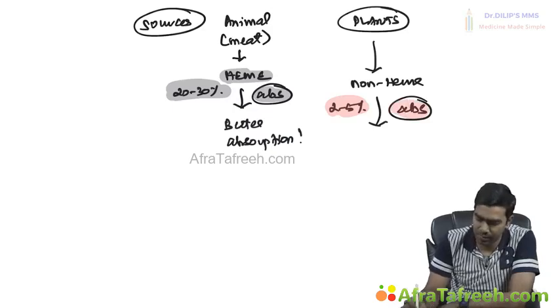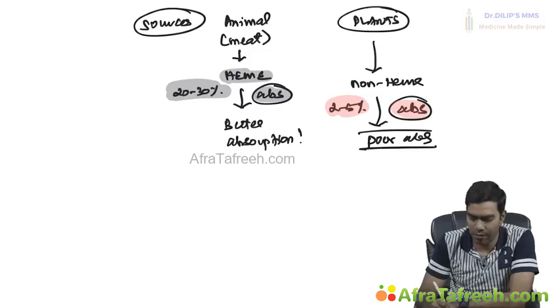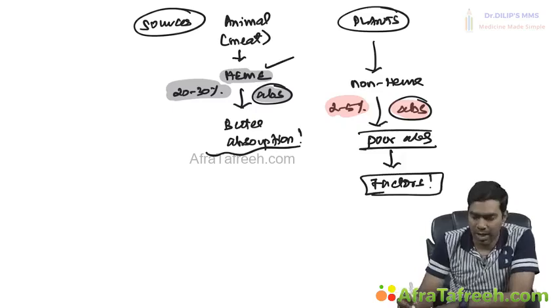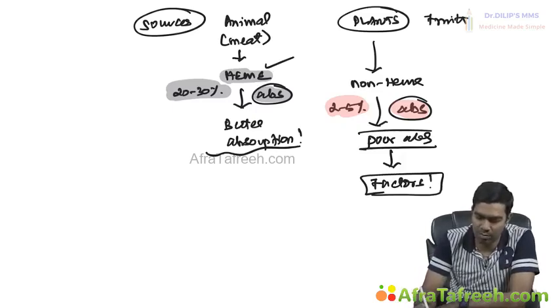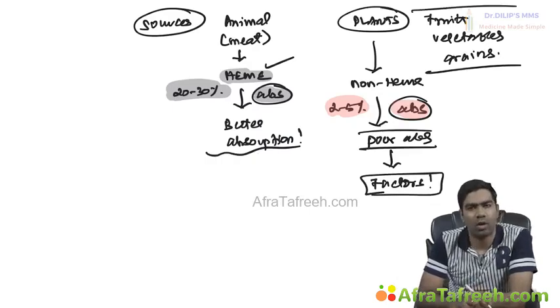There is no factor that determines heme iron absorption, but there are a lot of factors that determine the absorption of non-heme iron. Plant sources include fruits, vegetables, and grain products like cereals, all of which have a lot of non-heme iron.